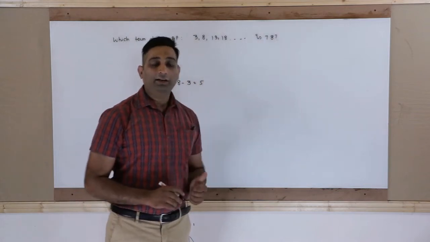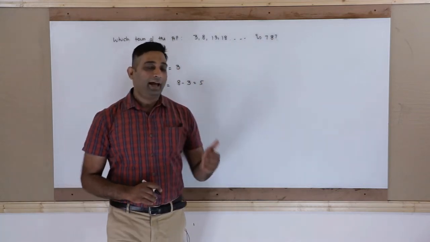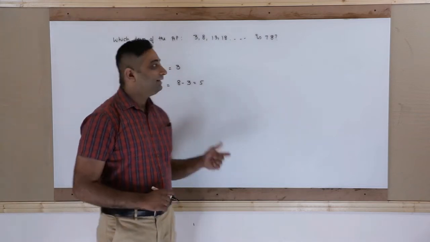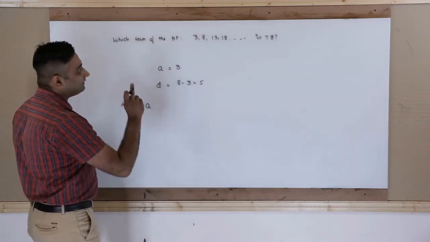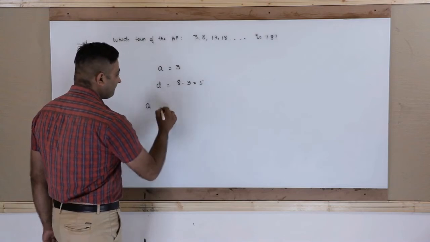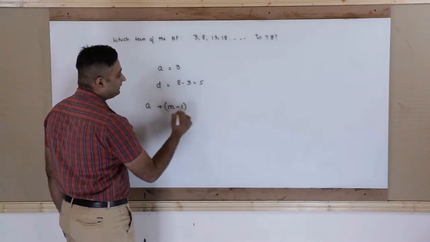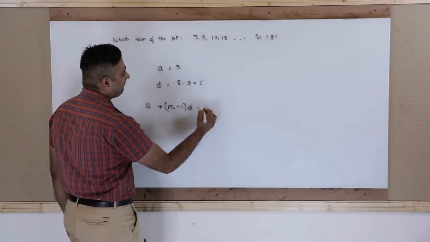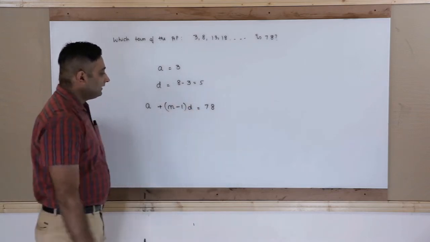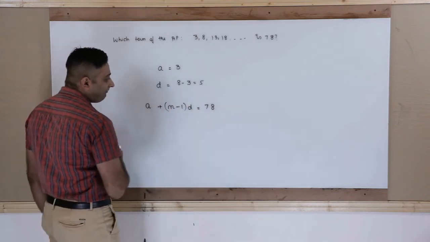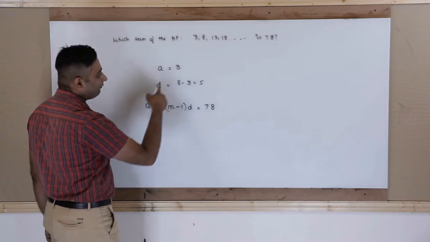If we are able to find the value of n as a natural number, then there must exist a term 78 in this AP. Now let us find the nth term of this AP, which we have equated to 78. Now we can find the value of n because we know the value of A and D.